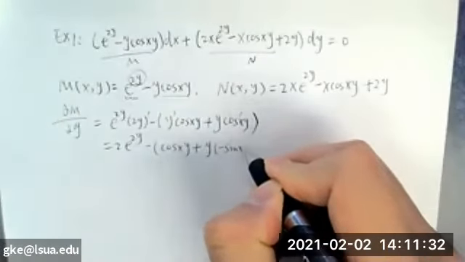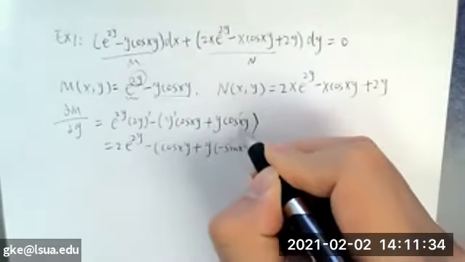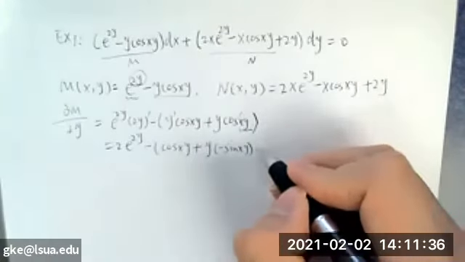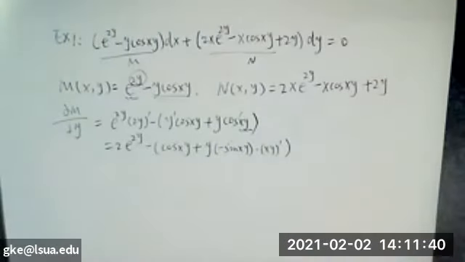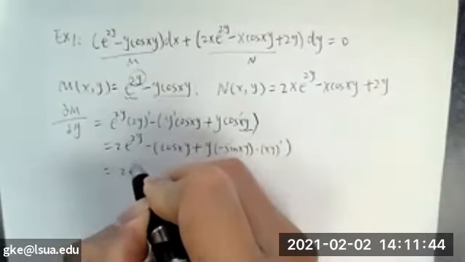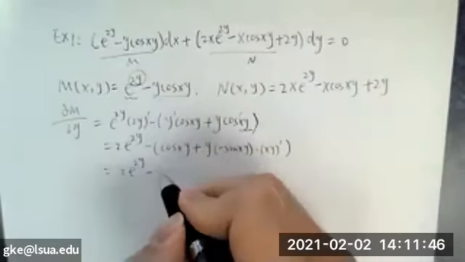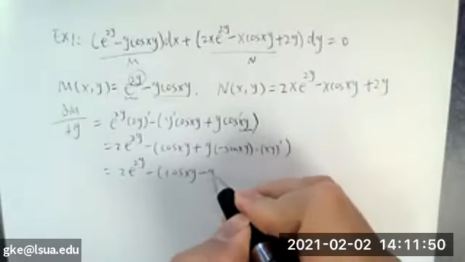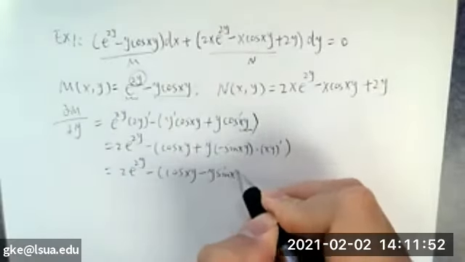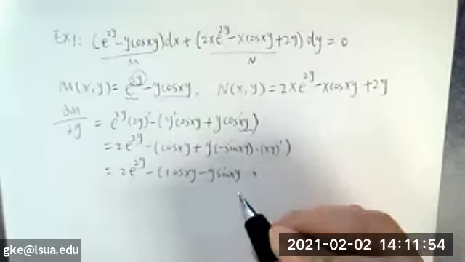Negative sin(xy), and since this is a composite function, we have cos(xy) and it's x.